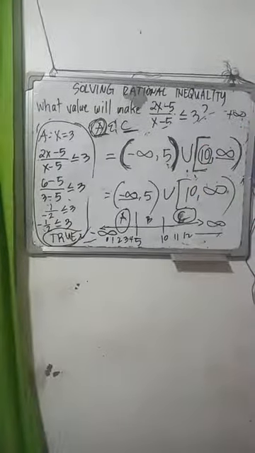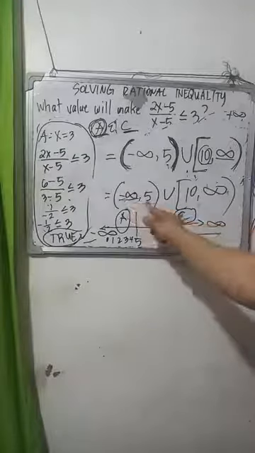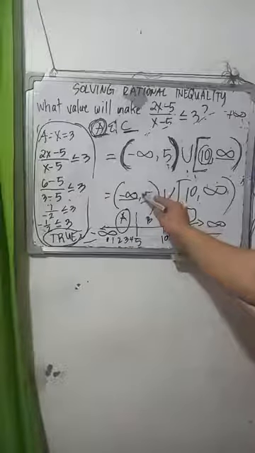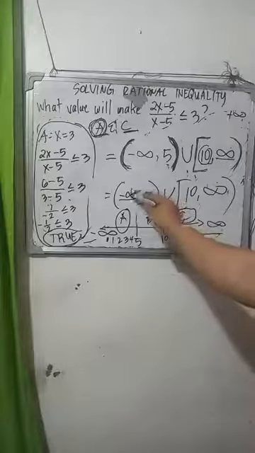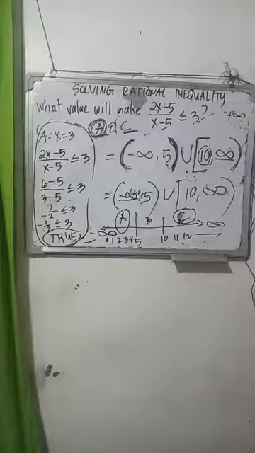So lahat ng interval A true na yan. So that is negative infinite to positive 5. So meaning yung number dito is 4, 3, 2, 1 until infinite numbers. That is the solution.